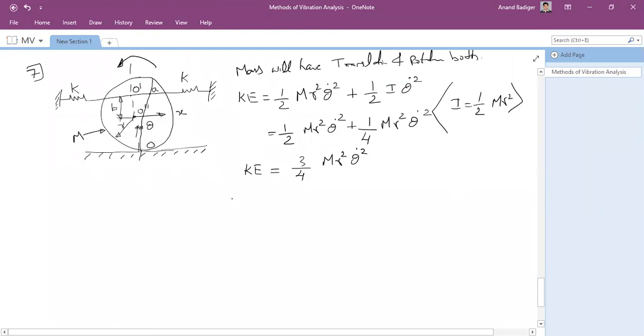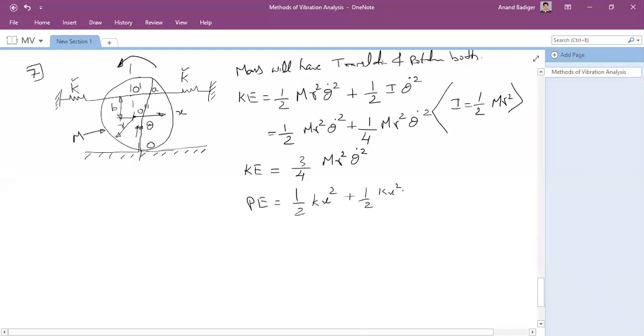So when I am talking about potential energy of the system, PE, you can see from the figure there are two springs, each having stiffness K and K, right? So there will be potential energy of both the springs I have to consider. So potential energy would be half k x square plus half k x square.